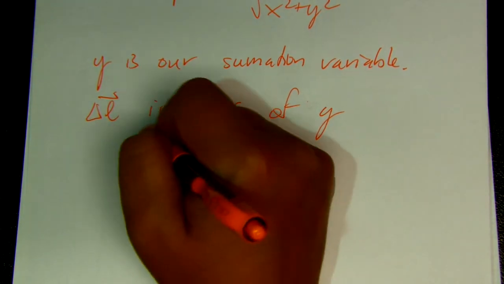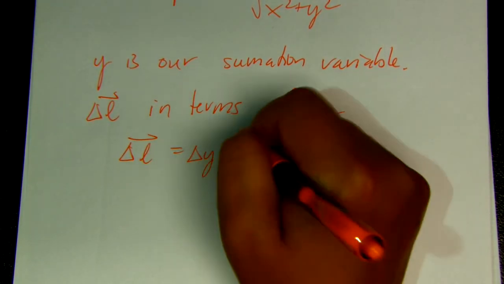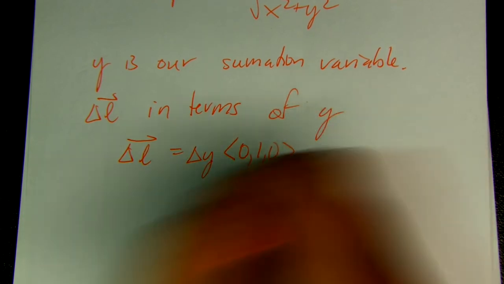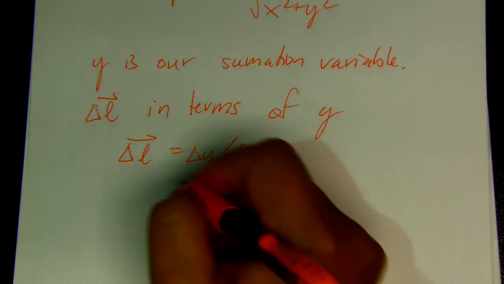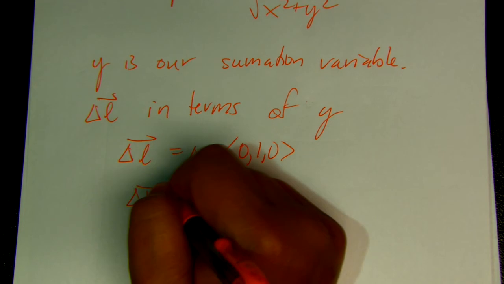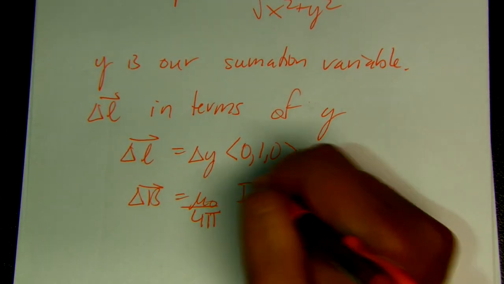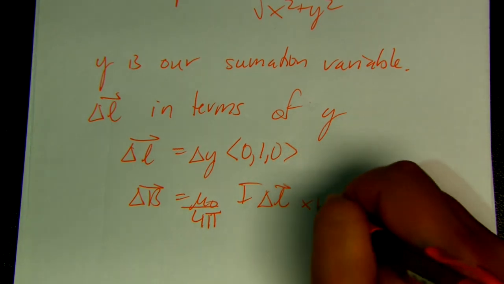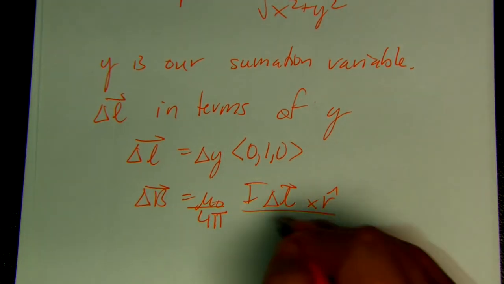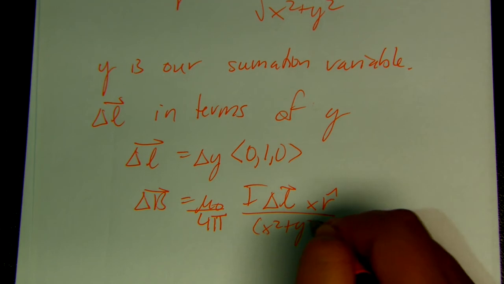So delta L is equal to delta y times (0, 1, 0). And delta B is equal to mu naught over 4 pi, I delta L cross R hat over x squared plus y squared.